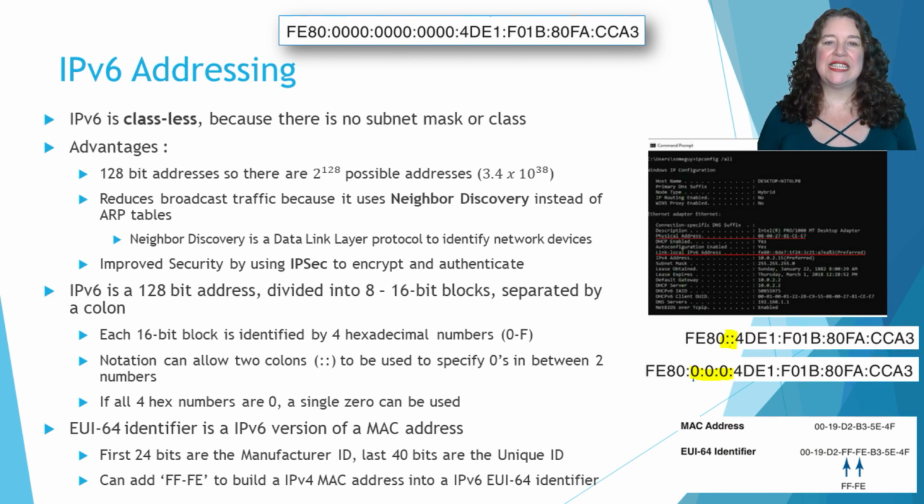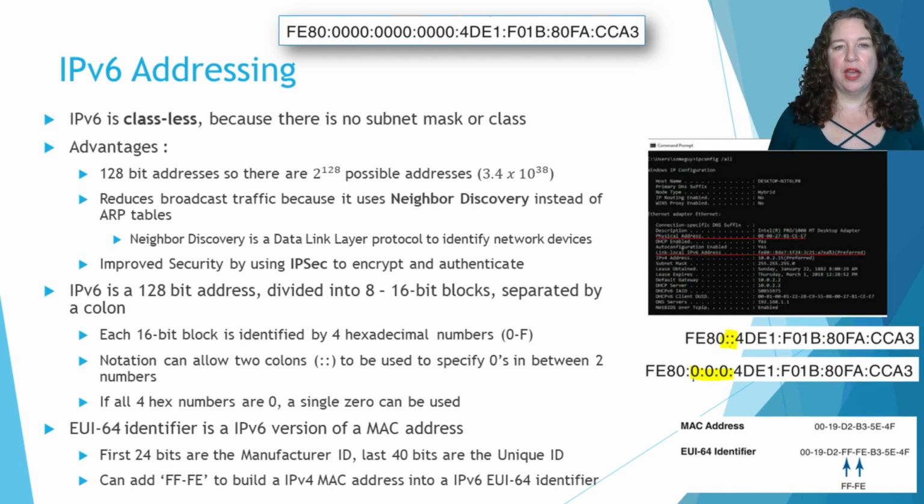Each of those 16-bit blocks is identified by 4 hexadecimal numbers. Hexadecimal, 0 to F, so each of those 16 bits can be recognized, and you end up with a 128-bit number.